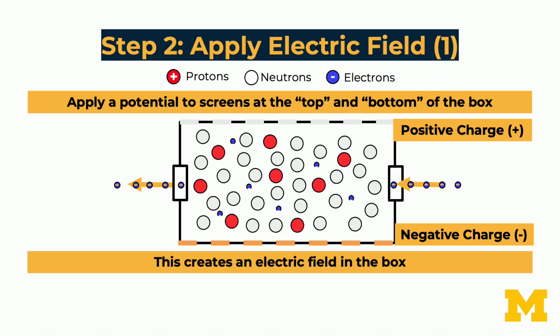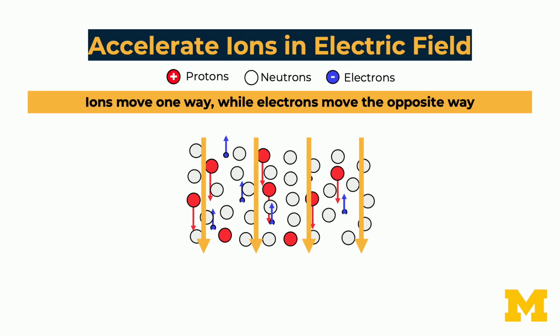That electric field then causes the ions to move in one direction and the electrons to move in the opposite direction. All the ions, because they're positively charged, are attracted to the negative plate, and so they move towards that negative plate very quickly.